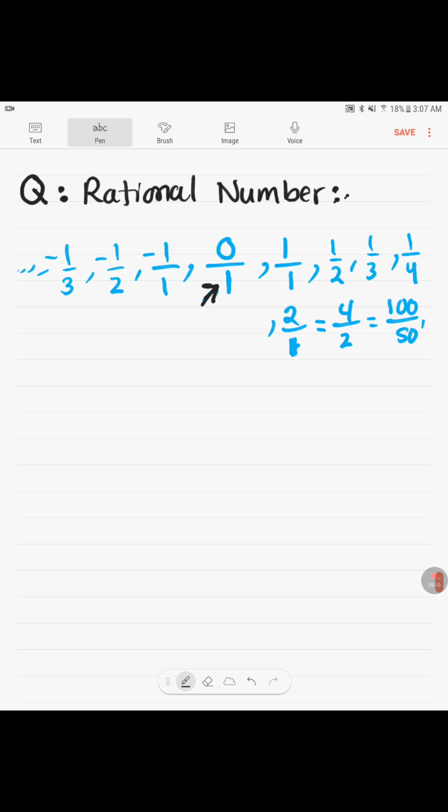Now the next set of numbers is called irrational numbers. And actually, before irrational numbers, let's introduce real numbers. Real numbers are represented by the letter R, for real numbers.